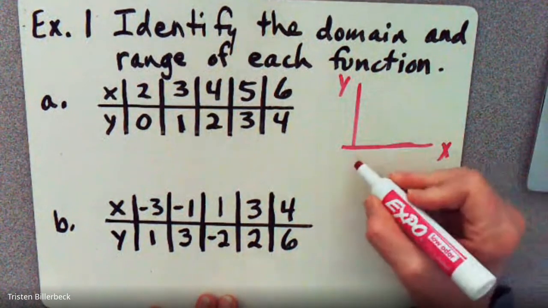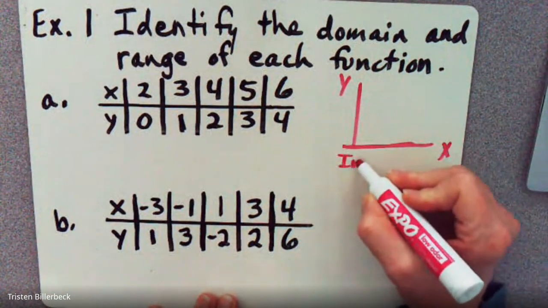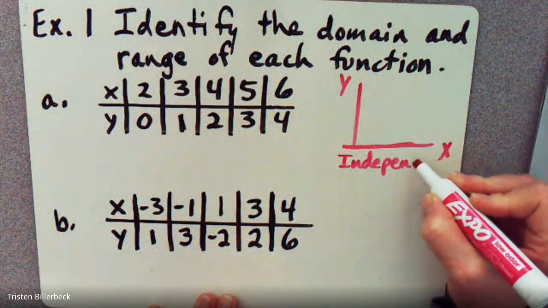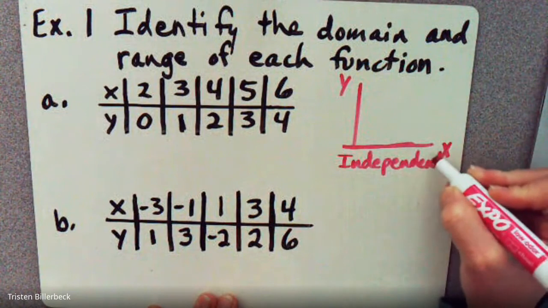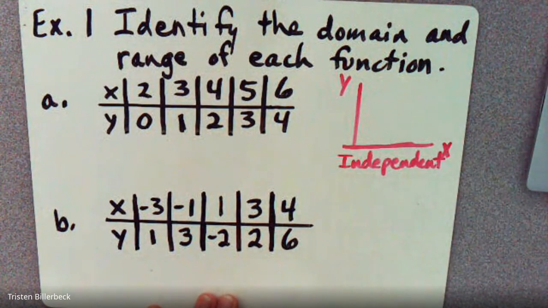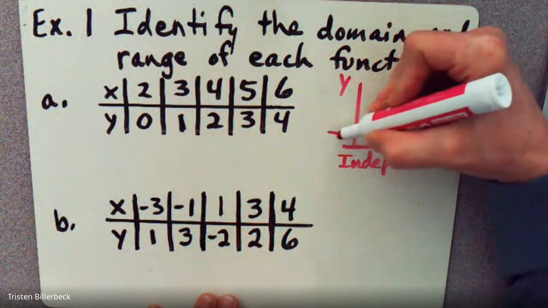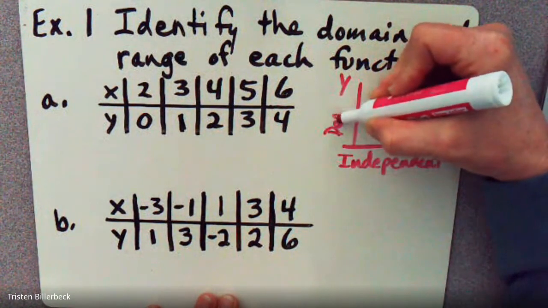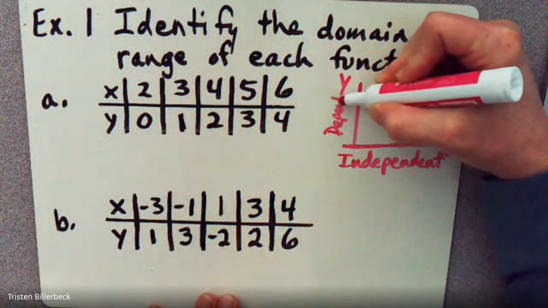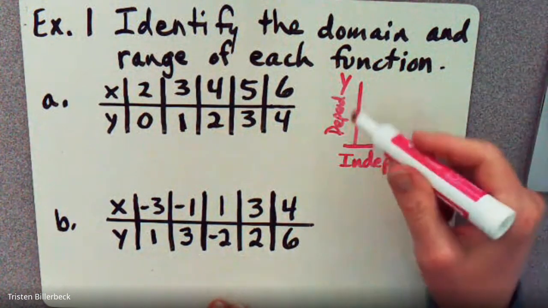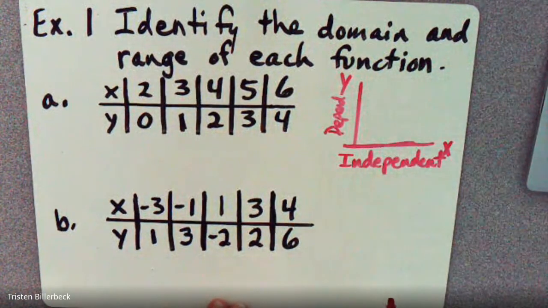Okay, so that's because this is the independent axis. So this is the one where you put the change in and you're pushing, okay? And this one depends on what you push. So it's the dependent. So I'm just going to write depend, but it depends on this independent one.